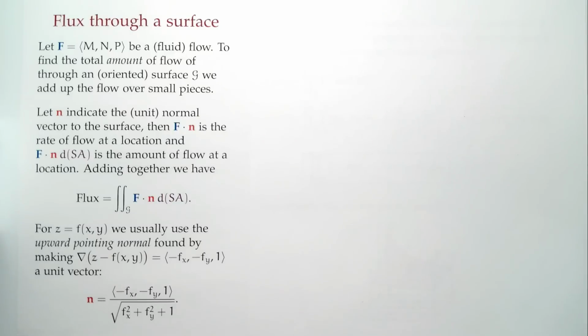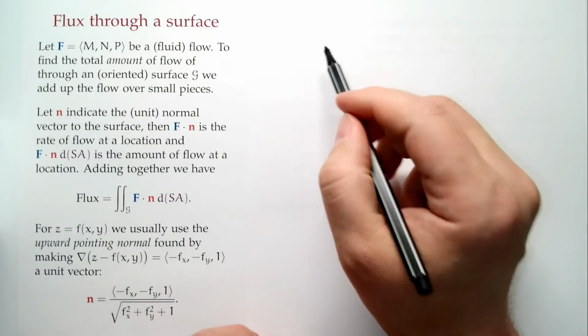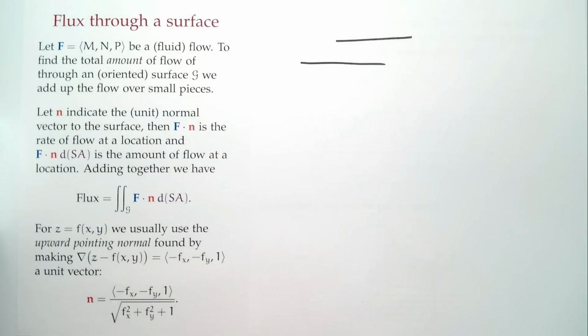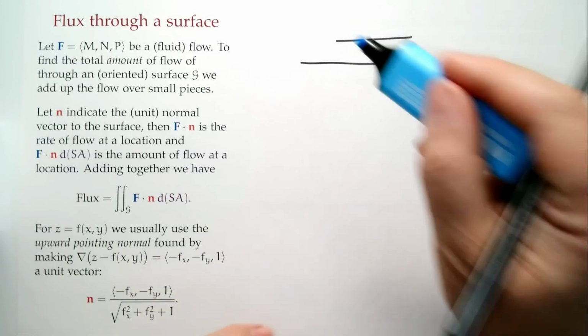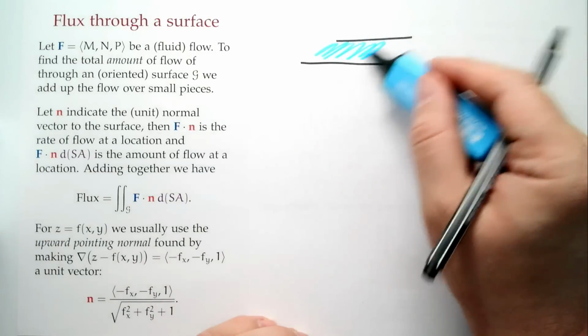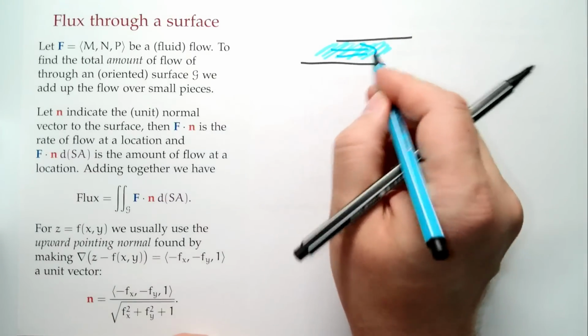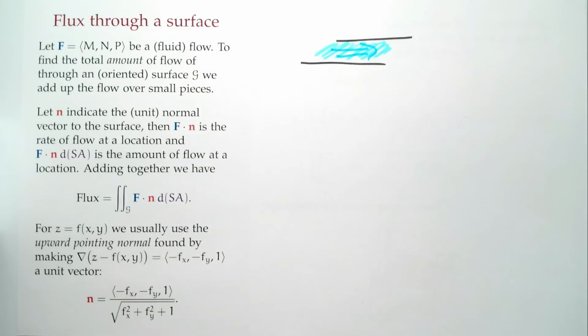Now, one way to think about what's happening here is you can imagine the following scenario where, my artist skills are somewhat poor, but suppose you had a little bit of a river, indicated by the color blue, and that the water was flowing in a particular direction. And you wanted to measure how much flow is going through it.